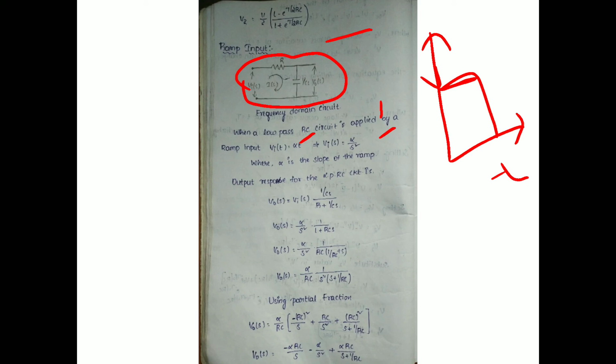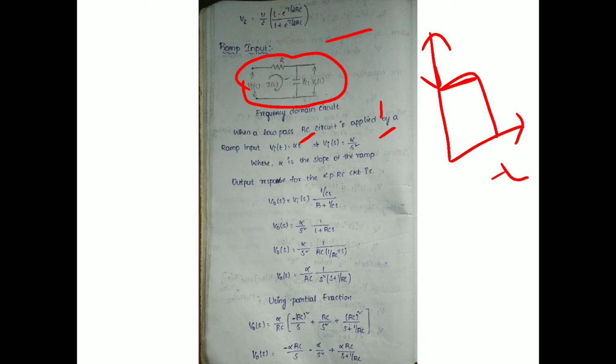We can write it independently as alpha by RC, 1 by s square into s plus 1 by RC.